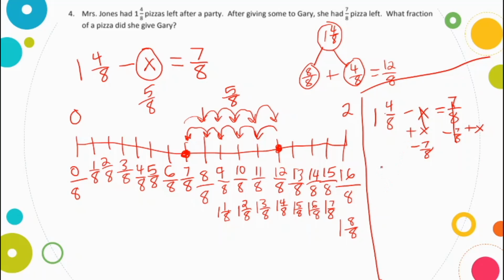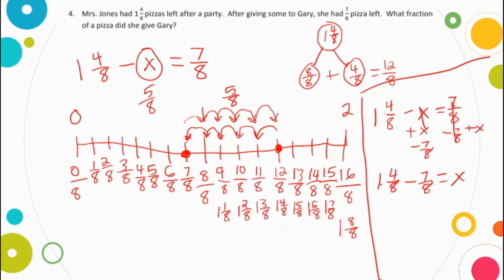So our new equation is going to be 1 and 4/8 minus 7/8 is equal to x. So I'm going to change this from a mixed number into an improper fraction.